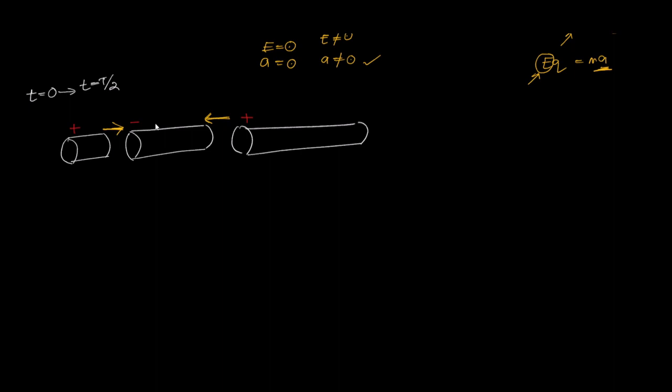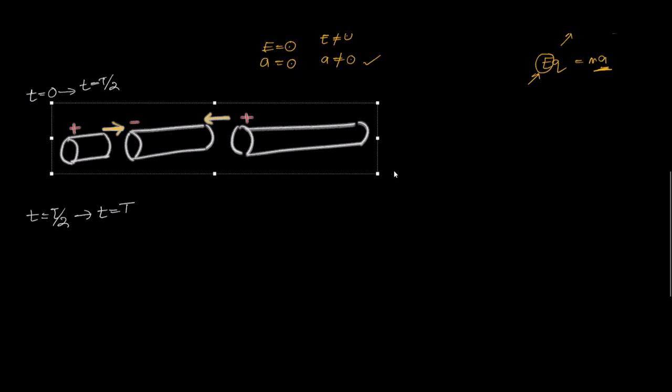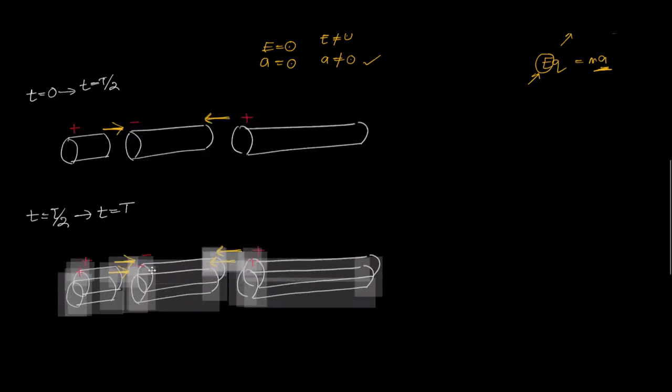What will be the case for the time period t equals T by 2 to t equals capital T? The polarities will reverse, right?